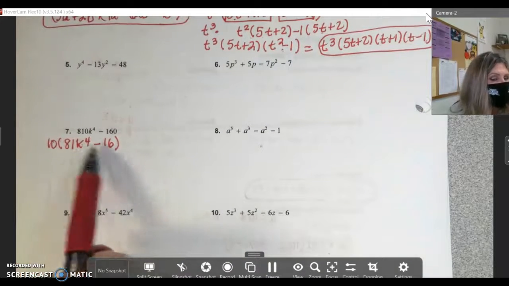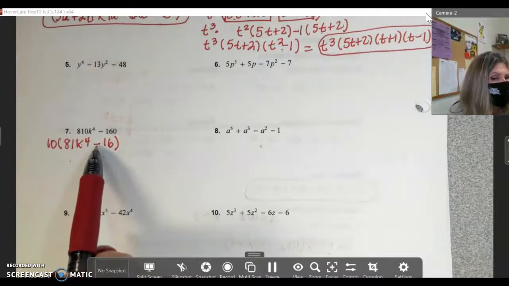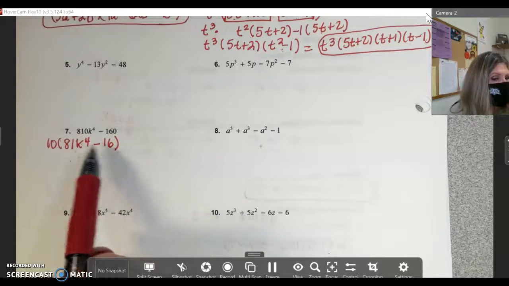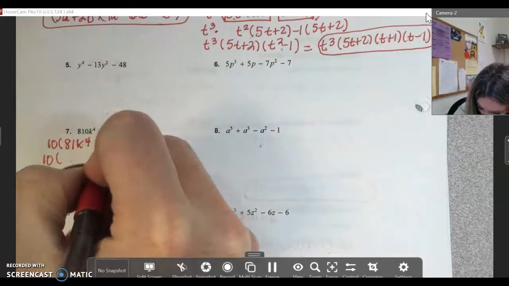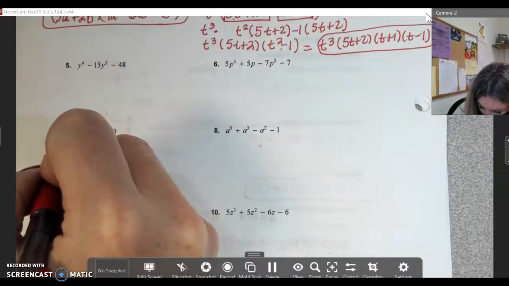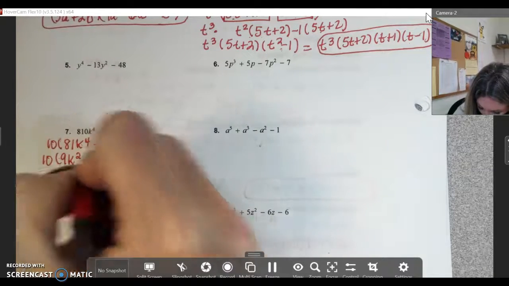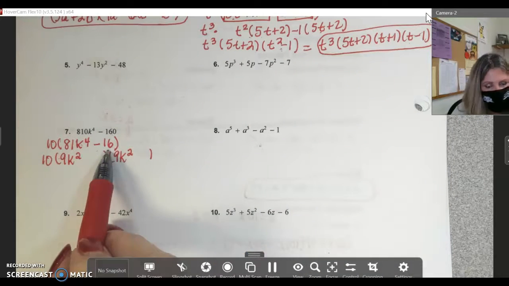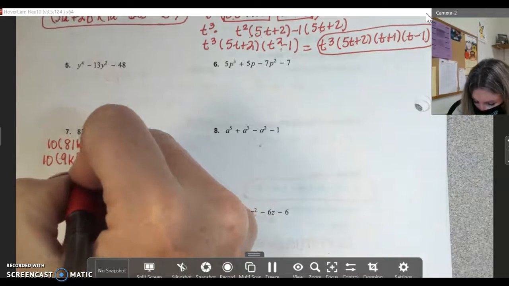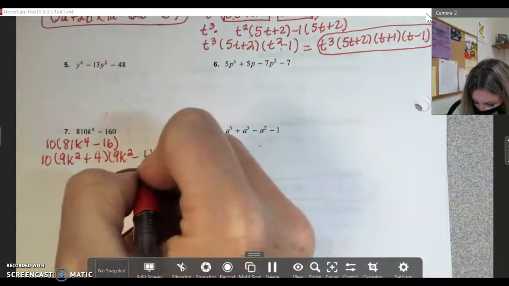What are these going to be now? The difference of what? Difference of squares. So now I'm going to have 10, and this is going to go down to 9k squared and 9k squared. And what's the square root of 16? So this is going to have to be plus 4 and minus 4.